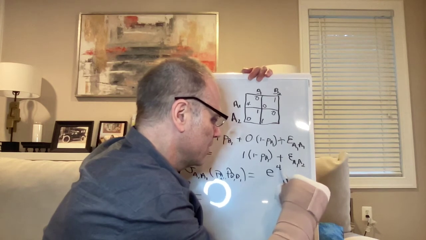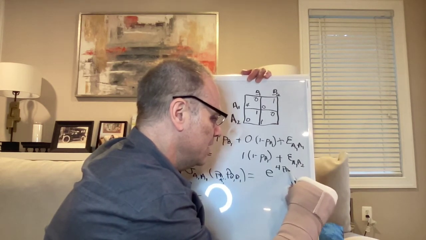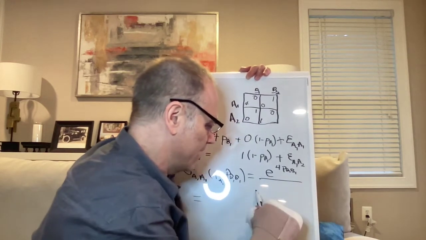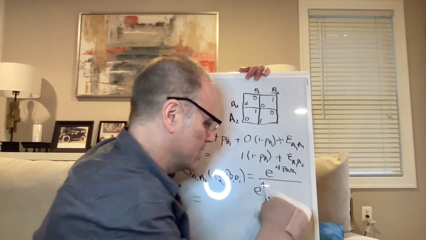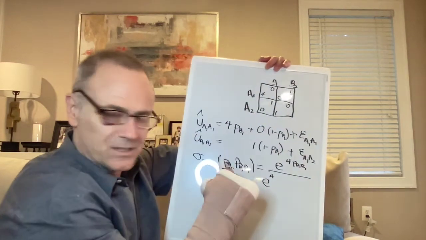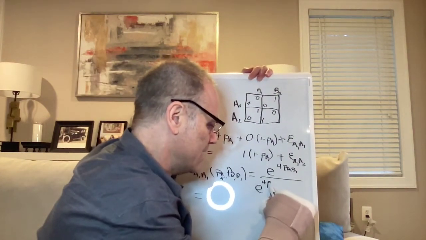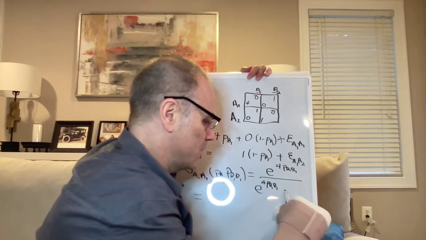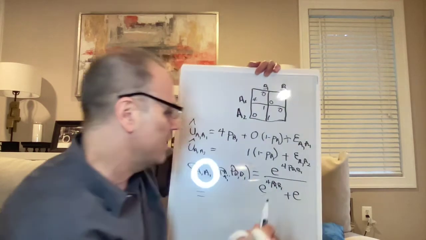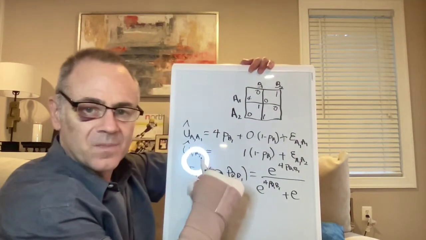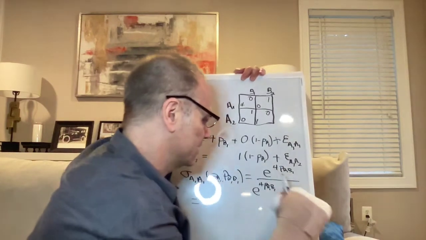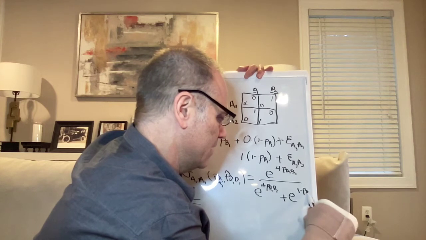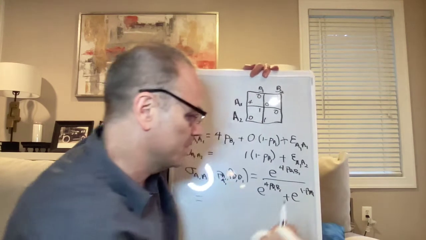For P_B, B1, that's divided by e to the scene utility of the first choice, for P_B, B1, plus e to the scene utility of the second choice, and that's this, 1 minus P_B, B1.